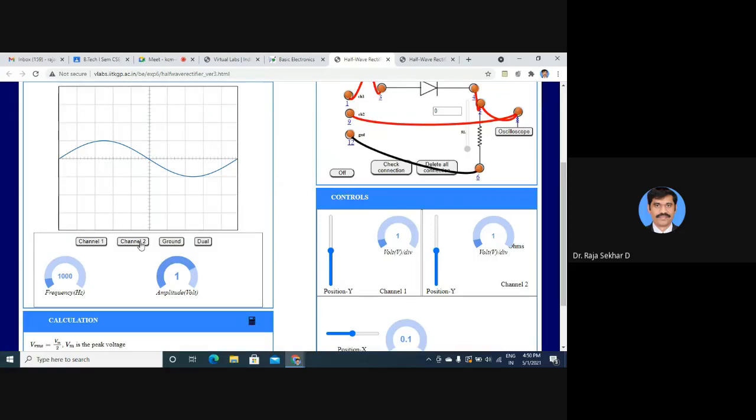Channel 1 is the input signal, channel 2 is the output signal. If you select dual channel, both are displayed here. If you want to observe, you can change the position of either input or output.